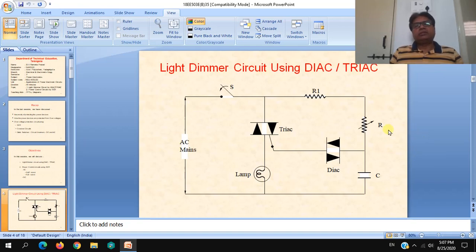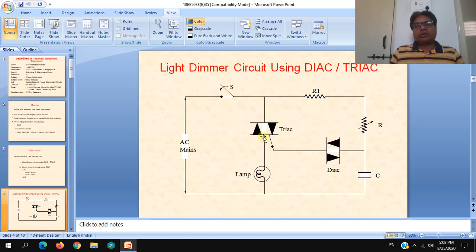So then why are you calling this a light dimmer circuit? Why don't you call it a light control circuit? Control may mean that it is just on-off control. It is not just on-off control, it changes the brightness.